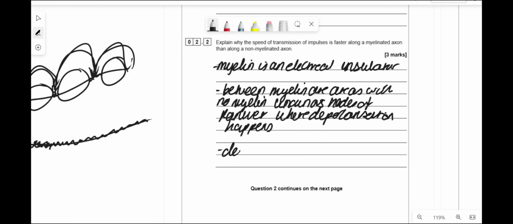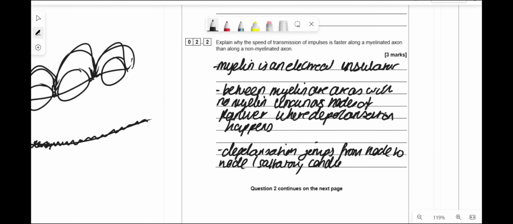The depolarization jumps from node to node, and this is called saltatory conduction. Saltatory just means in general like bouncing like that.